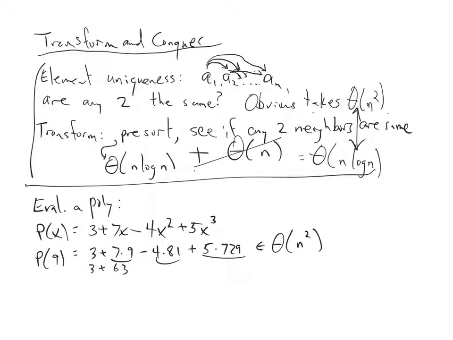But it's also a really silly way to evaluate a polynomial. Instead, we should transform the polynomial and write it as 5 times x minus 4, times x plus 7, times x plus 3. Now you can just say 5 times 9 is 45, minus 4 is 41, and times that by 9.